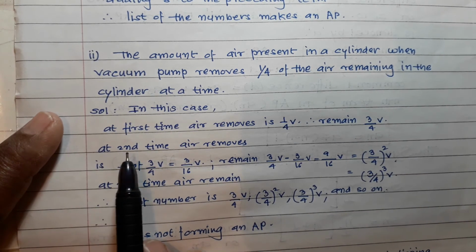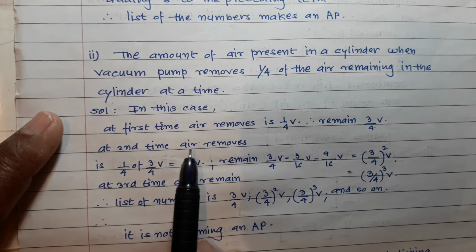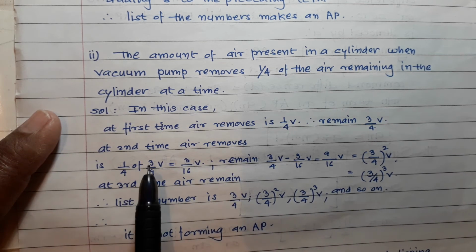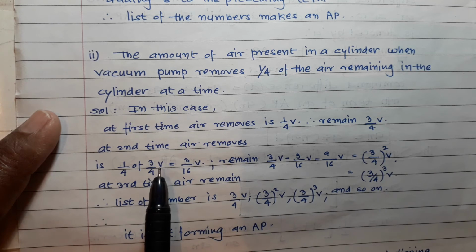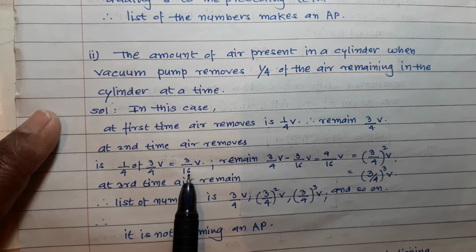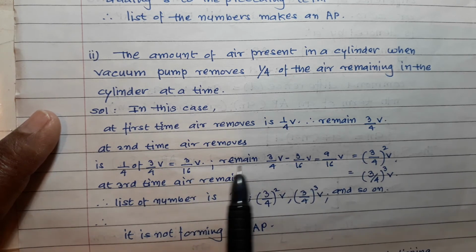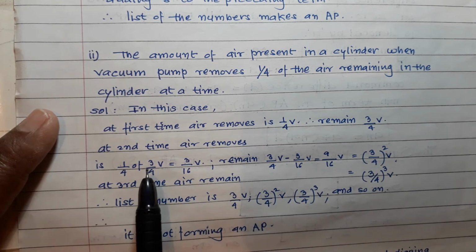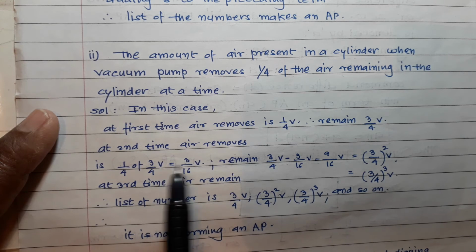At the second time, the air removed is 1/4 of 3/4 volume, that is 3 upon 16 V. So inside it is 3 upon 4 volume.